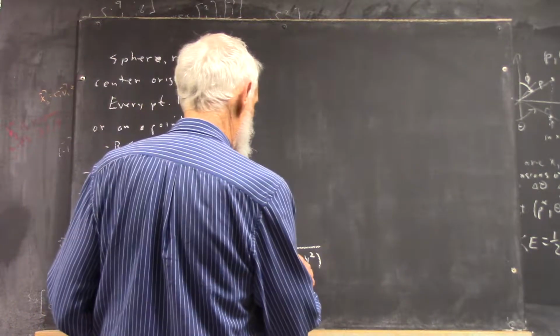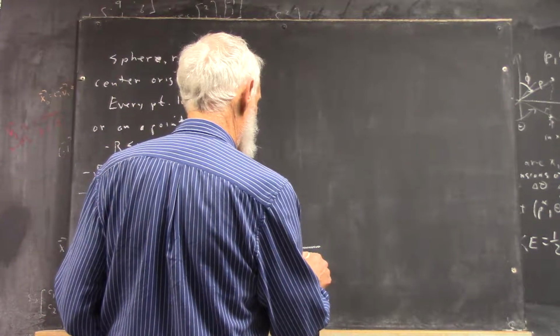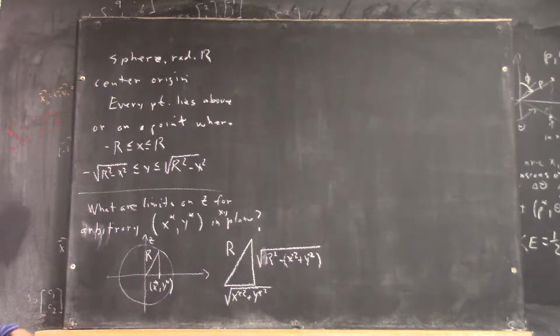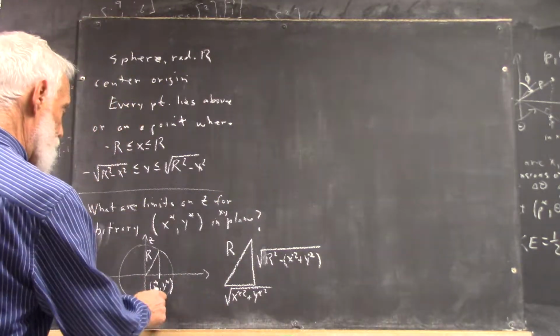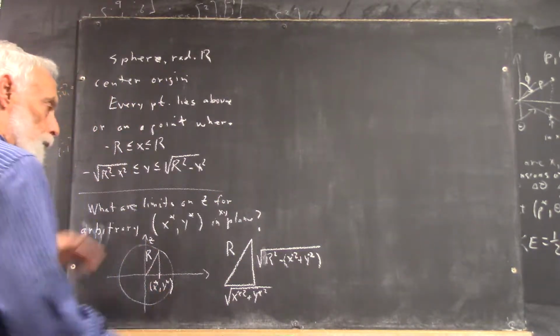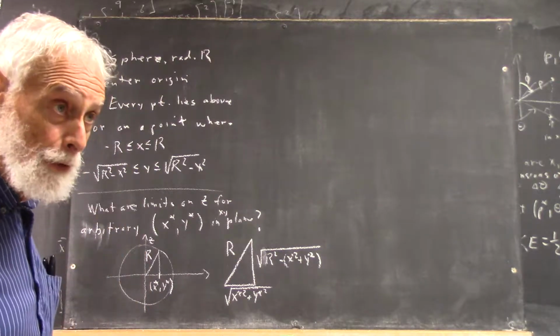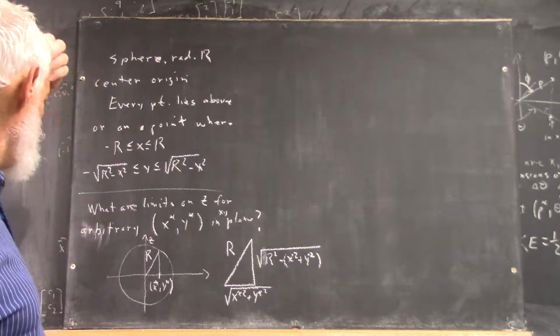And that's an X star and a Y star. Okay, there it is. Now that's the top of the sphere. Obviously there's a symmetry, and down to the bottom of the sphere you go the same distance in the opposite direction. Okay?